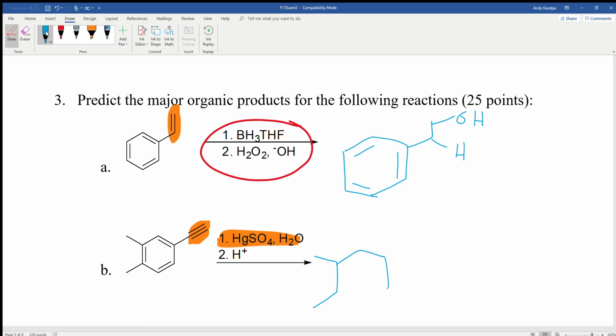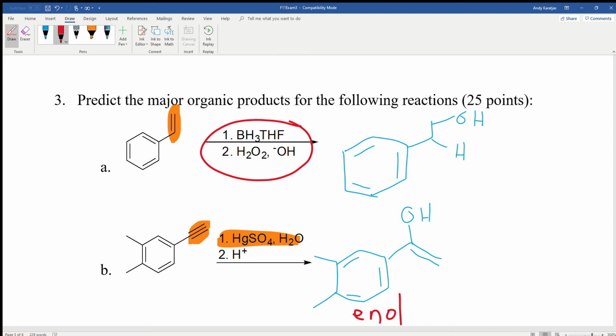But the initial part of this reaction is what we would expect to see. We end up with the OH on the more substituted carbon and the hydrogen on the less substituted carbon. What's formed here, though, is an enol.